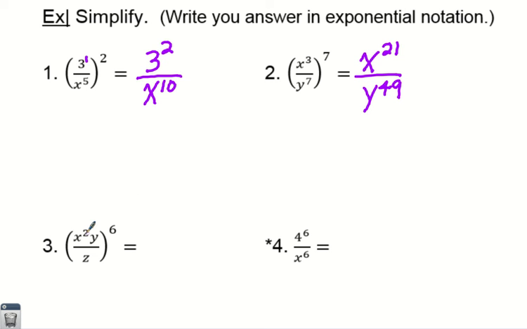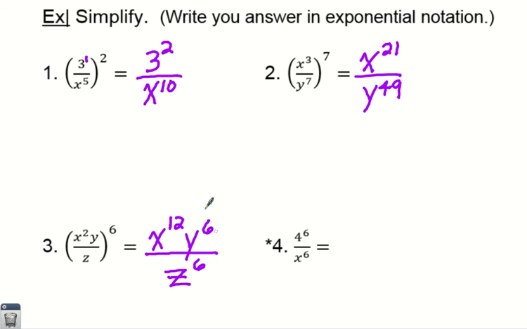But it's going to be power to a power. And so we multiply, and then y to the 6th, or y to the 1st to the 6th, either way. And then don't forget the z also gets raised to the 6th. Let's do that just for a little bit of style.